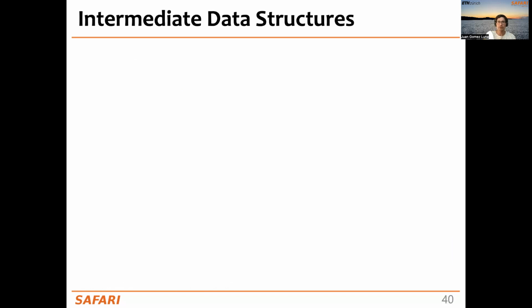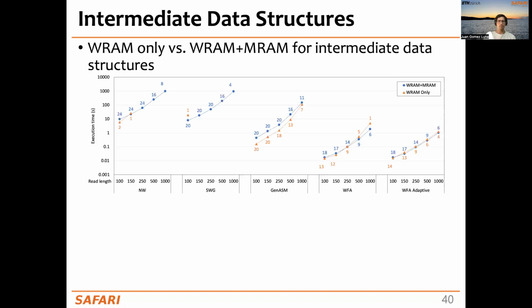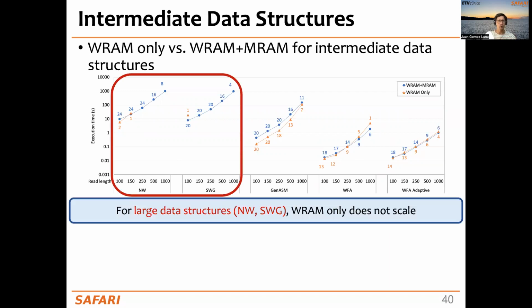And finally, for the intermediate data structures, remember that we have two ways of managing them, either WRAM only or WRAM plus MRAM. We run some detailed experiments, as you see here, for the 5 different algorithms and 5 different read lengths. We show results for the WRAM only approach and for the WRAM plus MRAM approach.